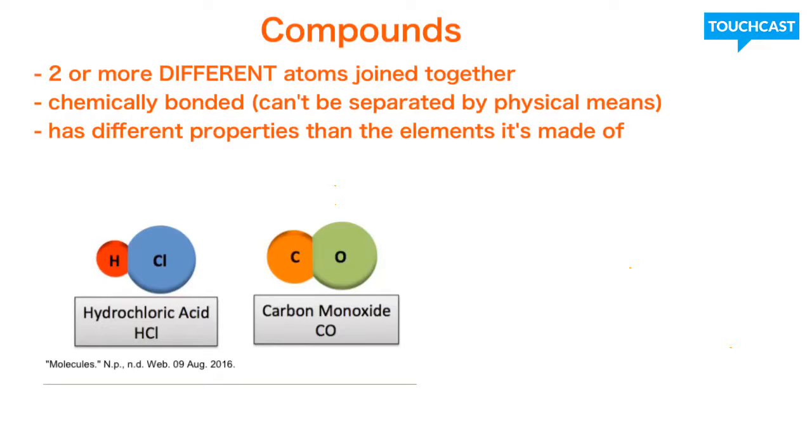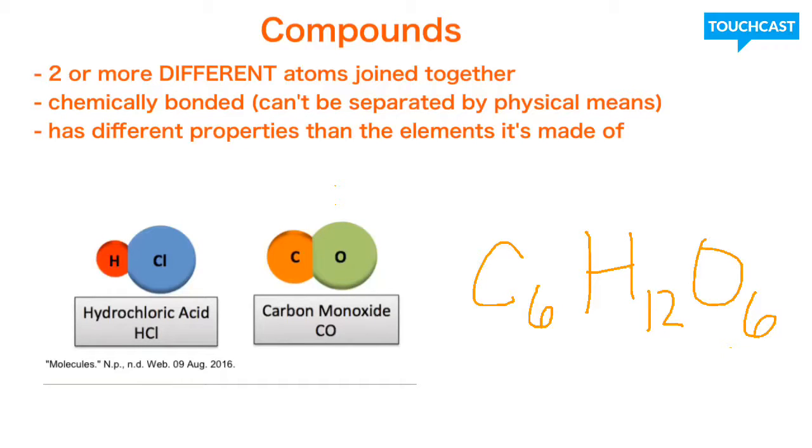Carbon monoxide, which is carbon and oxygen bonded together. Another example would be glucose. You should be familiar with that if you've learned about photosynthesis. C6H12O6. In all of these cases, you have two or more atoms and they are different. That would make it a compound.